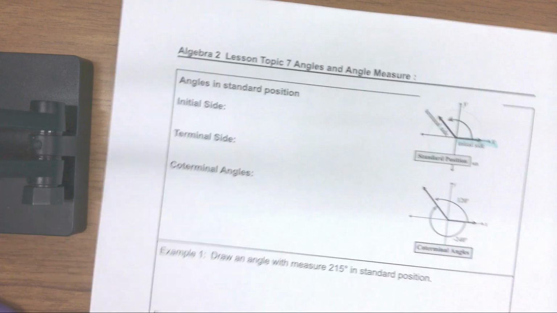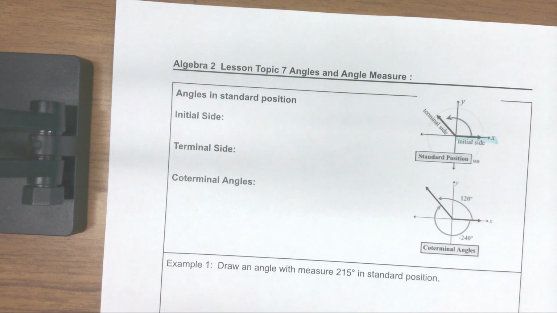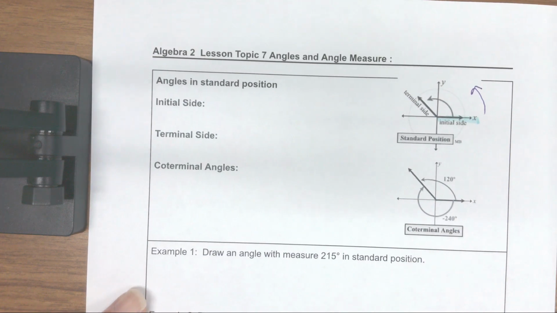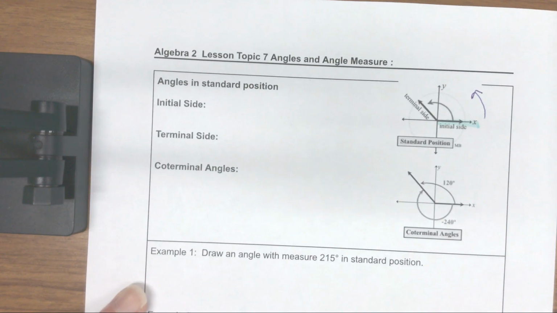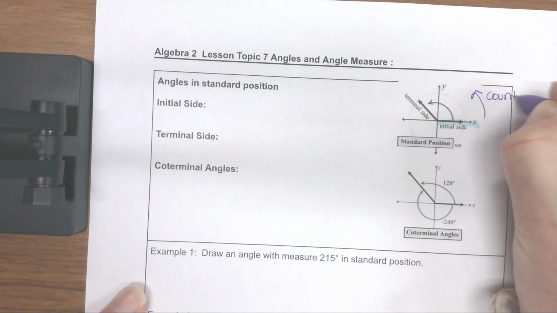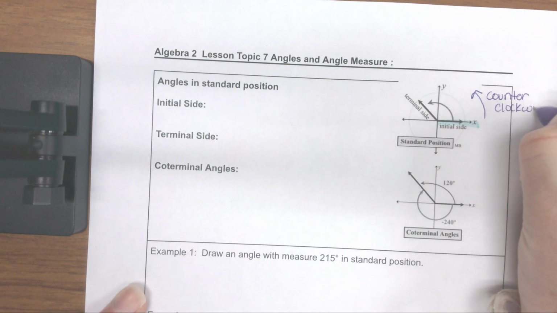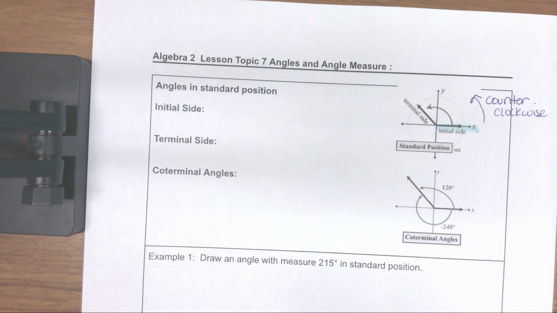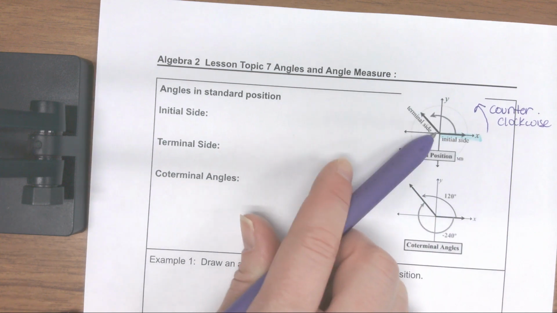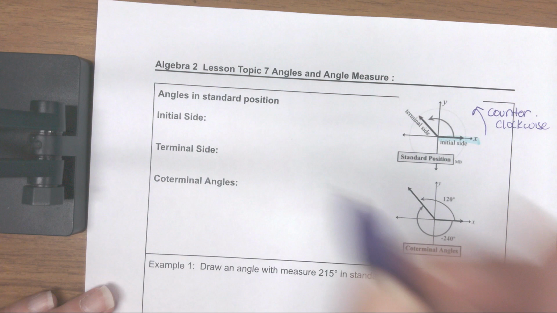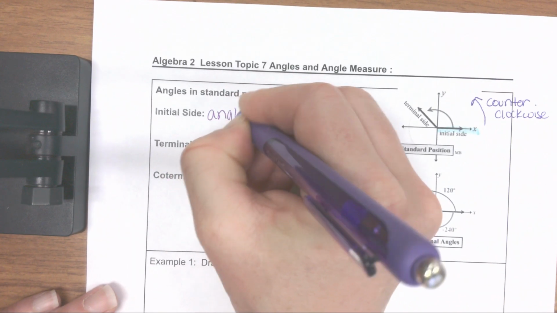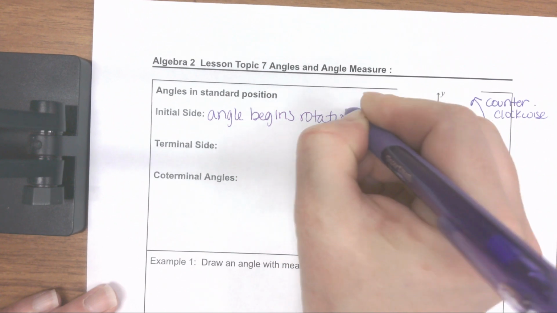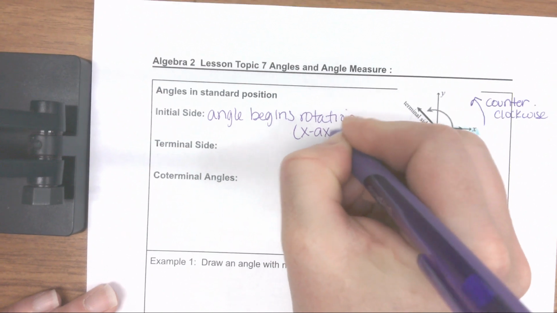And then as the angle opens, when it's going this direction, by the way, is that clockwise or counterclockwise? Good. Counterclockwise, that would be what we call a positive angle measure. Then that angle opens up and ends somewhere. The initial side is just where the angle begins the rotation, and in standard position, this is along the x-axis.